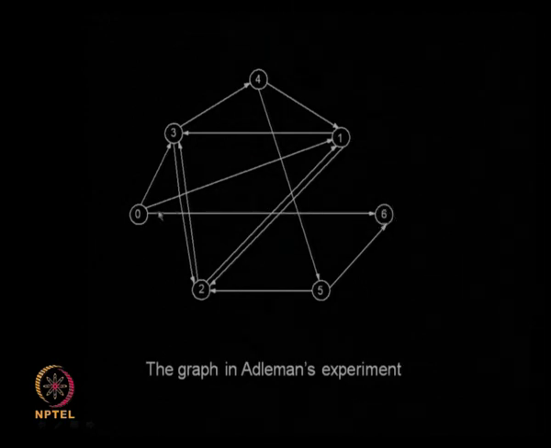Does there exist a directed path from 0 to 6 which passes through all the other vertices exactly once? You can very easily see that in this there exists a path 0 to 1, 1 to 2, 2 to 3, 3 to 4, 4 to 5 and 5 to 6.